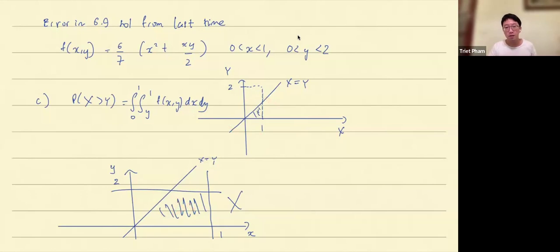And you see that the mistake came from the fact that the region was not drawn up to scale, right? I would say that, of course, there's no excuse for the mistake if we did make the mistake.